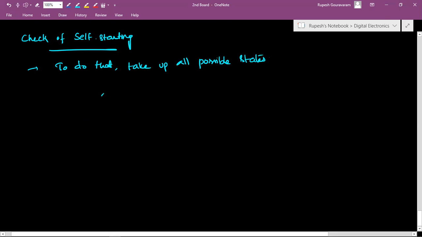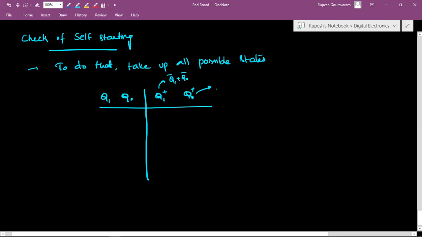That is, we have Q1, Q0, Q1 plus, Q0 plus. Okay. Now we know Q1 plus is Q1 bar plus Q0 bar, and Q0 plus is Q1. So we take the four cases: 0 0, 0 1, 1 0 and 1 1.